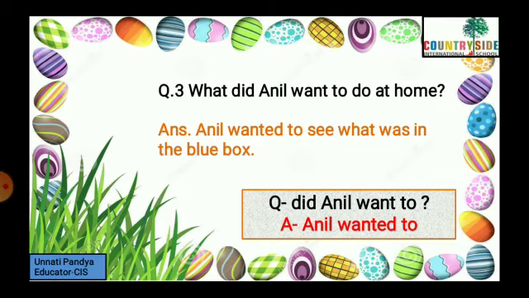While writing the answer, we say Anil wanted to. Why? Because did and want will join and then they have to vanish. And in that place, we will write wanted. So Anil wanted to and then add the answer. See what was in the blue box. And don't forget to put a full stop in the end.